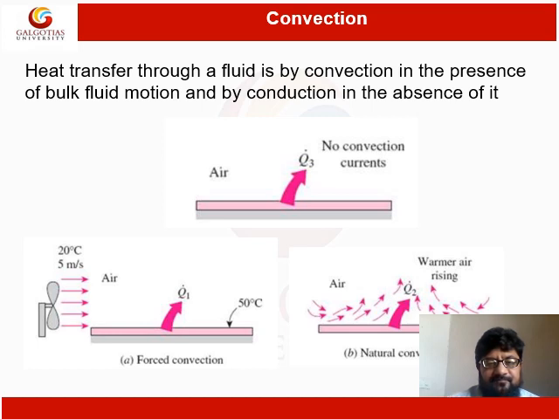For example, if we attach a fan to cool our food or some hot things, that is termed forced convection. In forced convection, the fluid is forced to flow over a solid surface. In this case, the heat transfer rate increases.